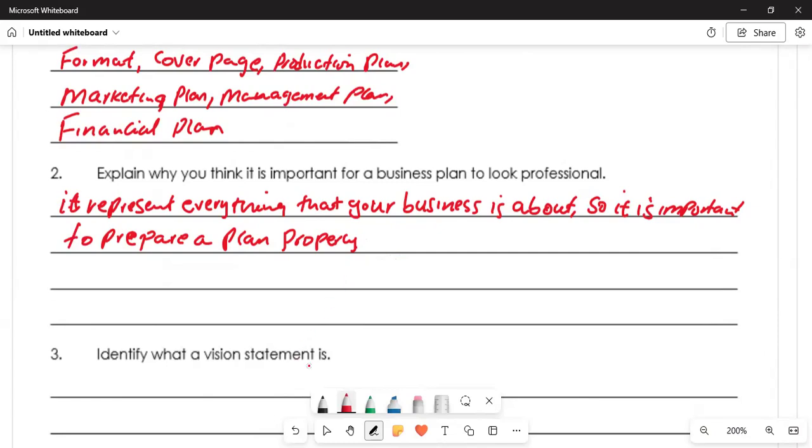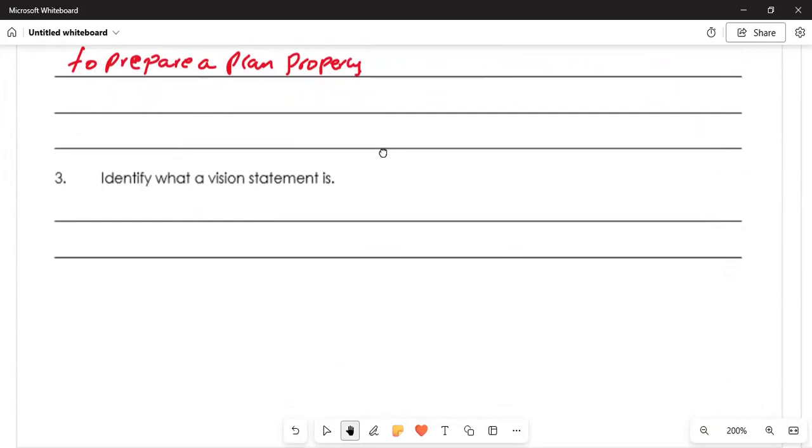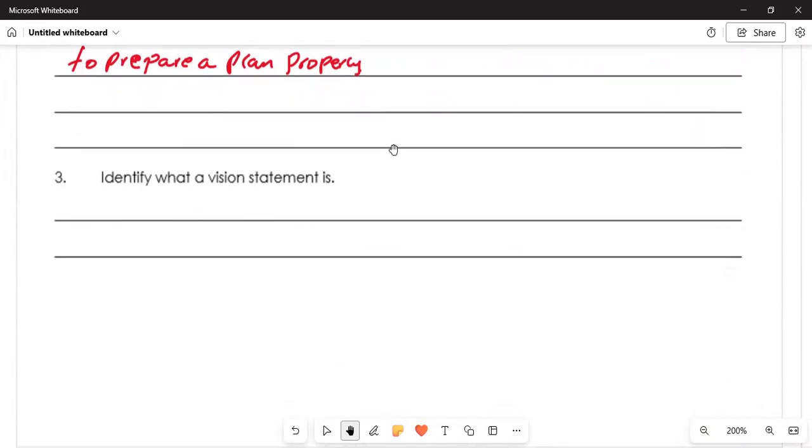So that is that. Now let us move on to identify what a vision statement is.